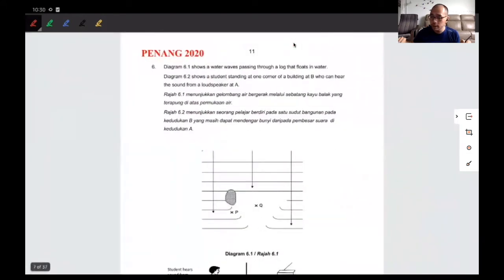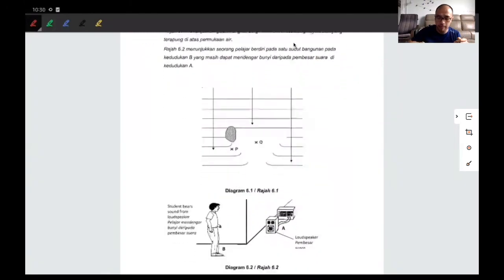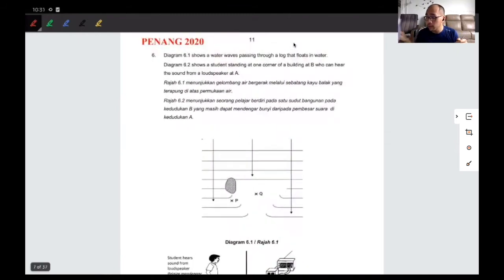All right, next question comes from Penang. This is also a diffraction question, because there is an obstacle. This is not a gap, this is an obstacle. Diagram 6.1 shows a water wave passing through a log that floats on water.